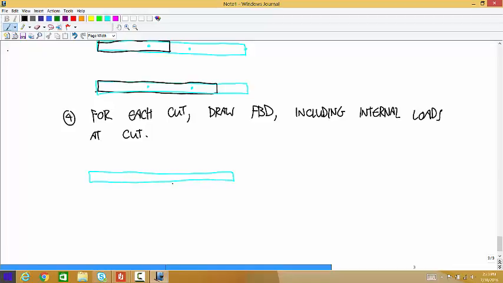So, for example, if that's the whole body, this is your cut. You have whatever external loads here, and then the internal loads here.